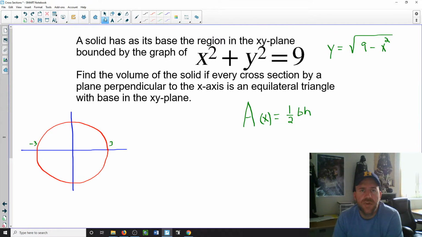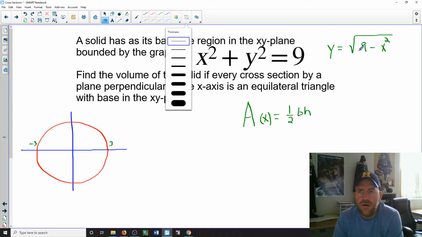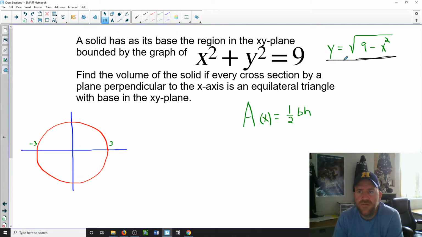Keep in mind, this function is the top part of this circle, so we have a semicircle here. We have to remember that when we're trying to find our b and our h.